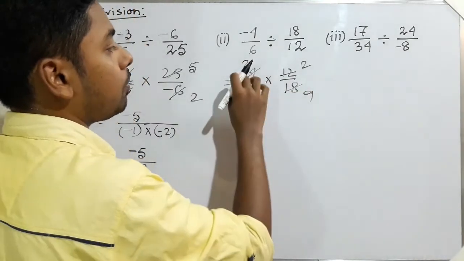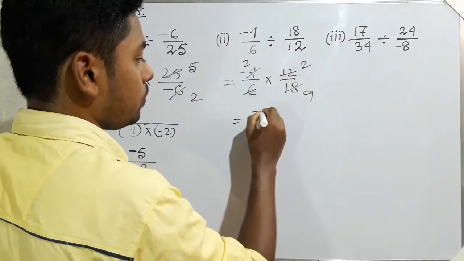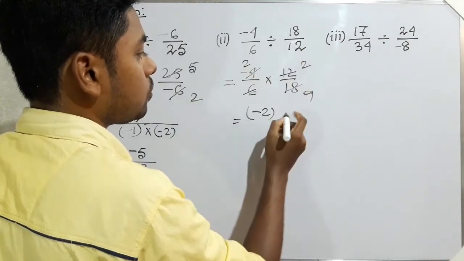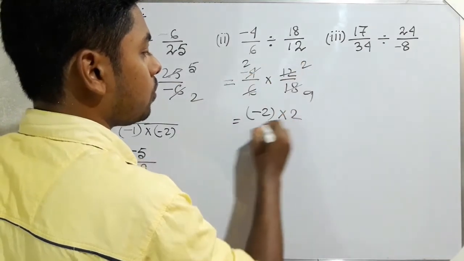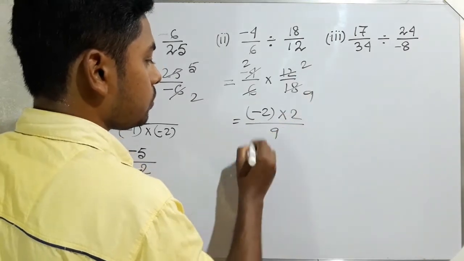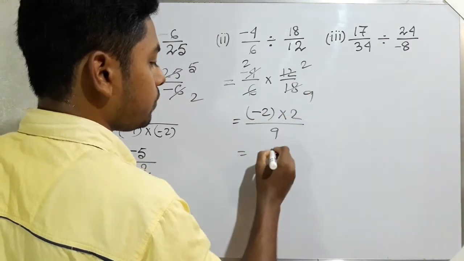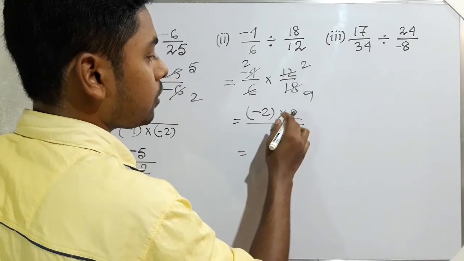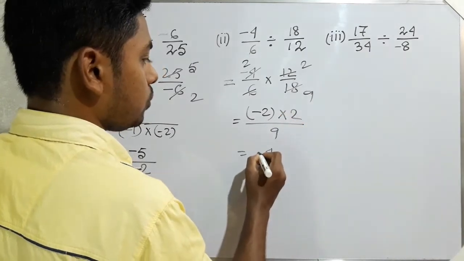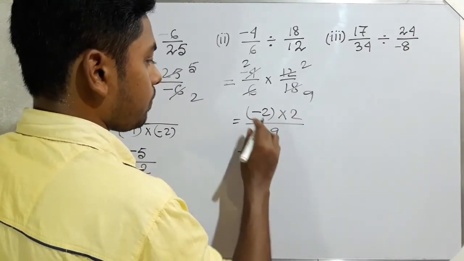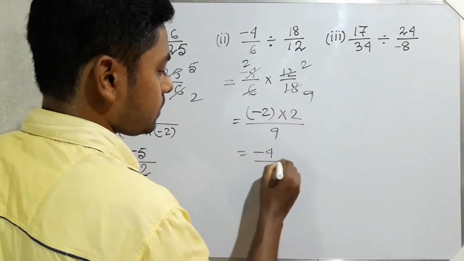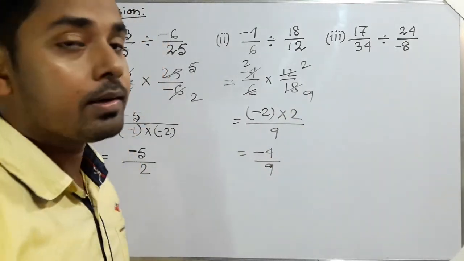Now what do I have to do? Minus 2 into 2 by 9. So 2 twos are 4, minus, and before 2 plus, so minus into plus equals minus 4 by 9.